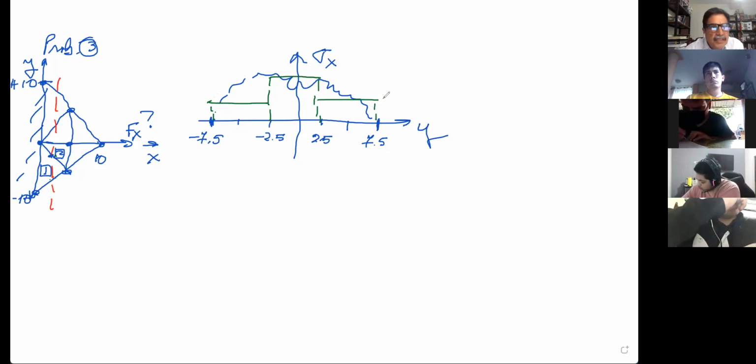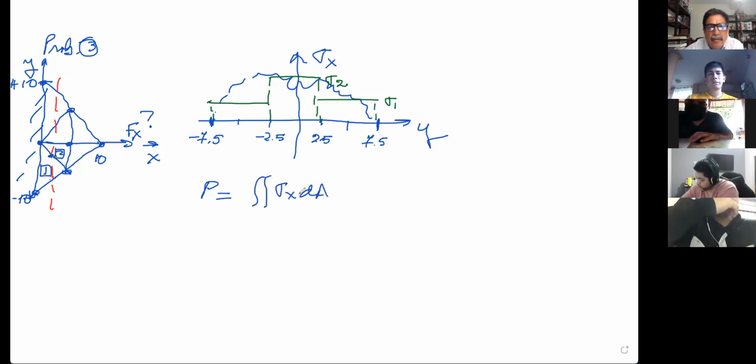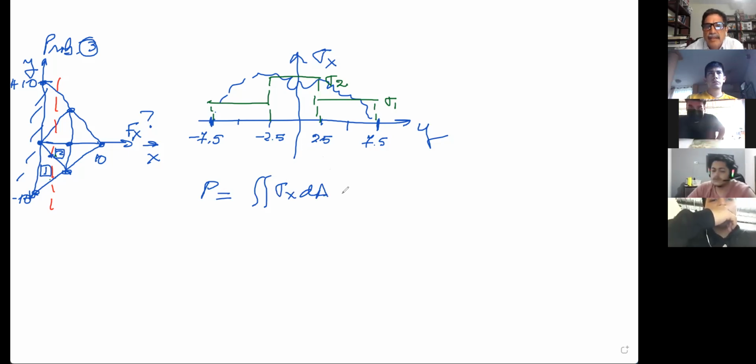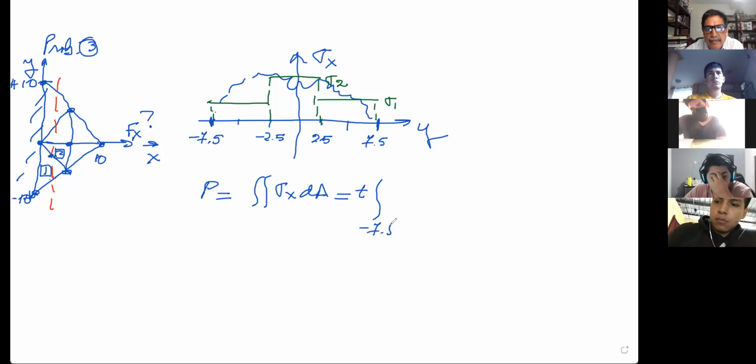If I give you that this is sigma 1 and this is sigma 2, then P is equal to the integration of sigma x dA. If you integrate in the z direction, you get the thickness. So it's going to be equal to the thickness times the integration from minus 7.5 to 7.5 of sigma x dy.